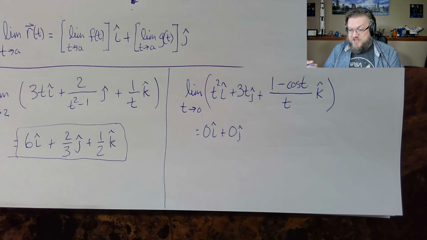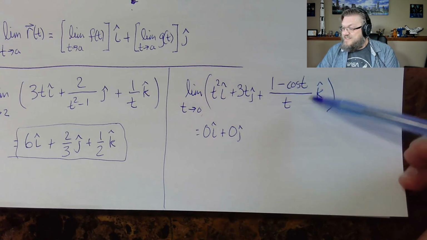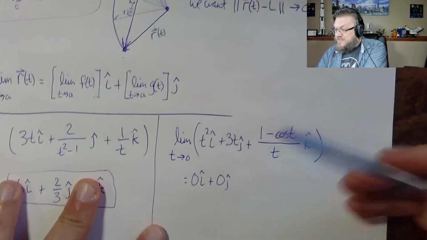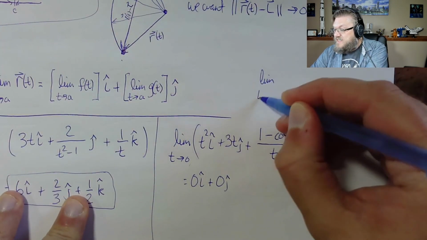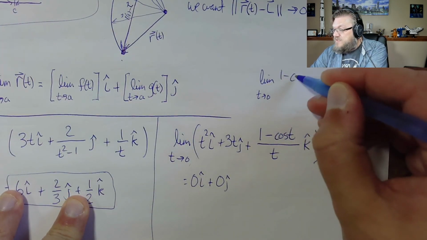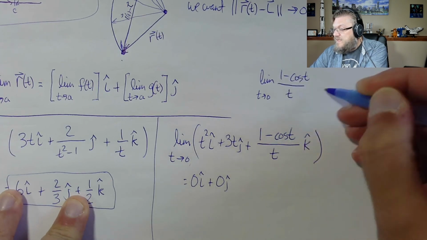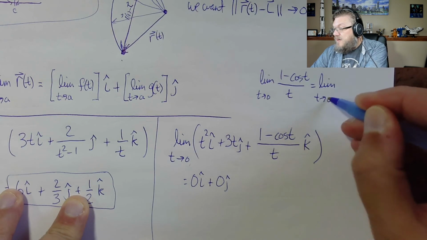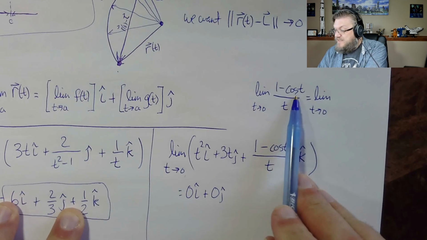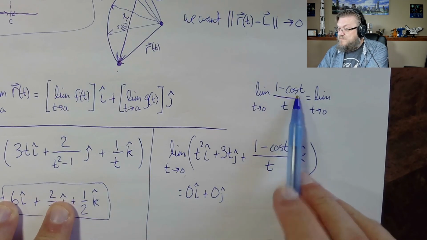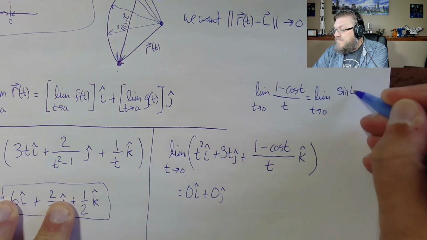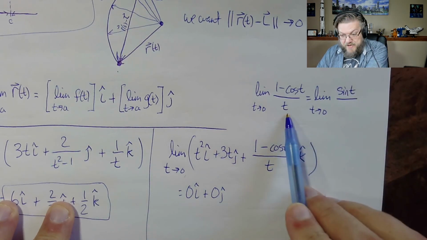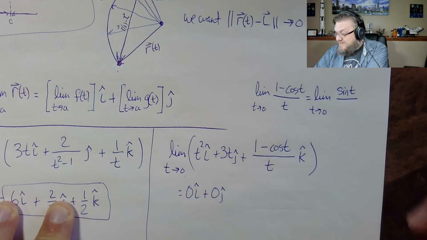L'Hopital's rule says that the limit as t goes to 0 of (1 minus cosine t) over t is the same thing as the limit as t goes to 0 of the derivative of the top, sine of t, divided by the derivative of the bottom. Derivative of t is 1.